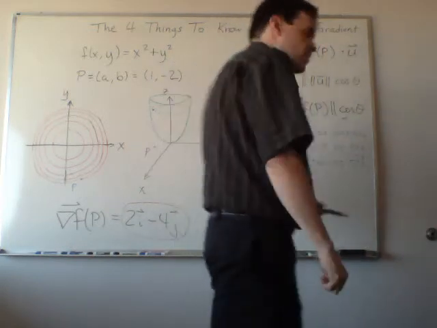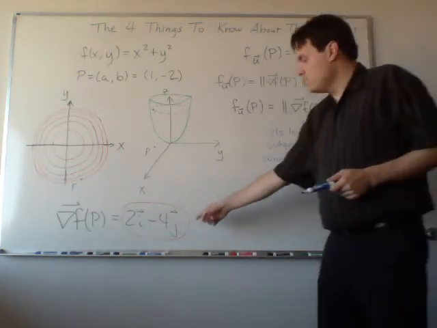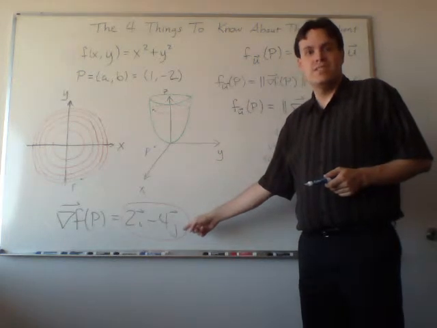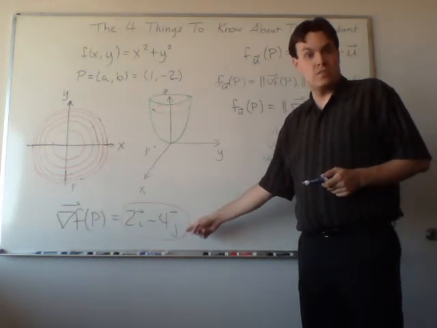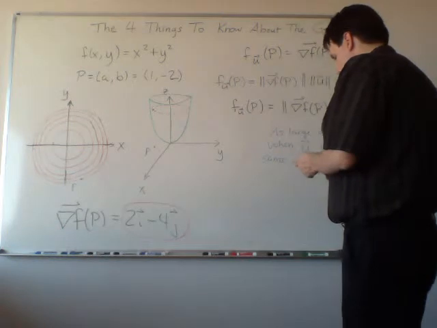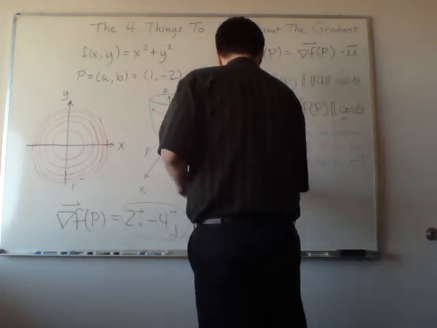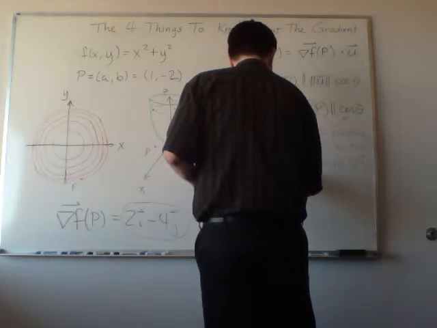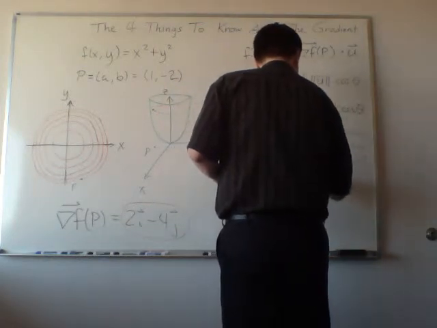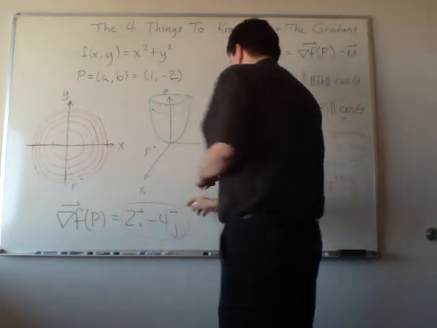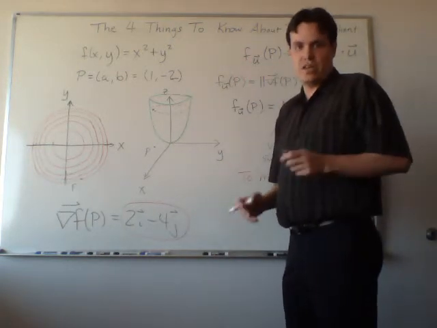That is the same direction as the vector 2i minus 4j. Now that's not what u is going to be, because u has to be a unit vector. Which means in order to find u so that this is maximized, to maximize f sub u at p, I need my unit vector to be in the same direction, just unitized.